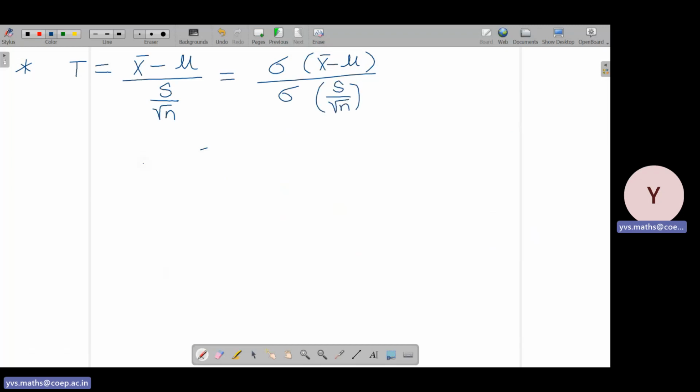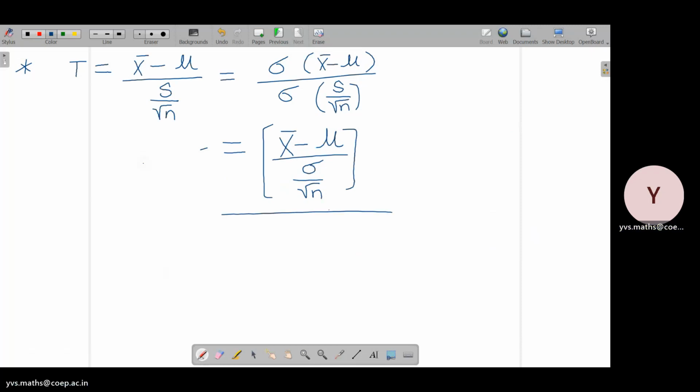What I have done here is multiply by sigma and divide by sigma. Then we can rearrange the terms and write the numerator as x bar minus mu upon sigma by root n, divided by s by sigma. So s by sigma is left in the denominator.